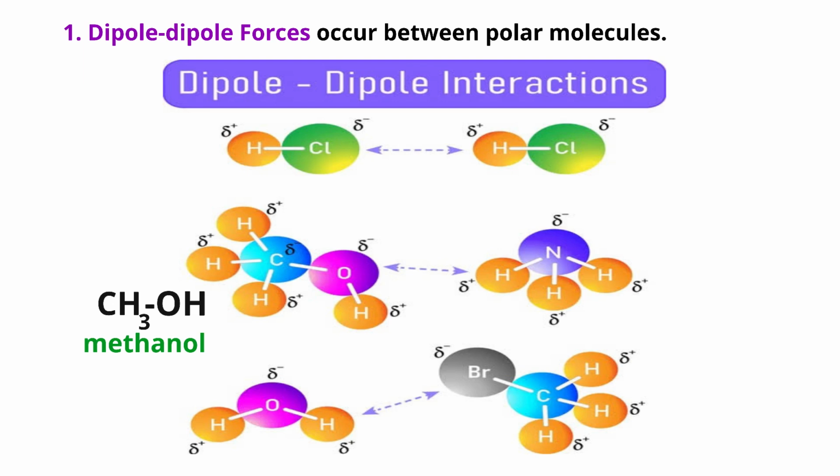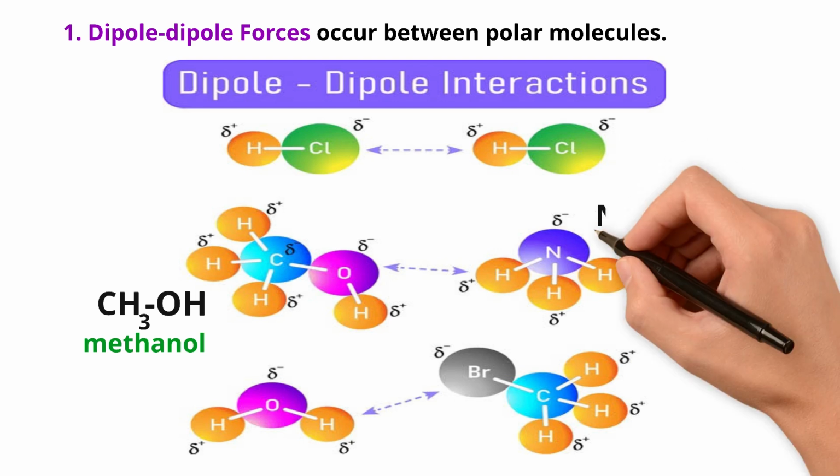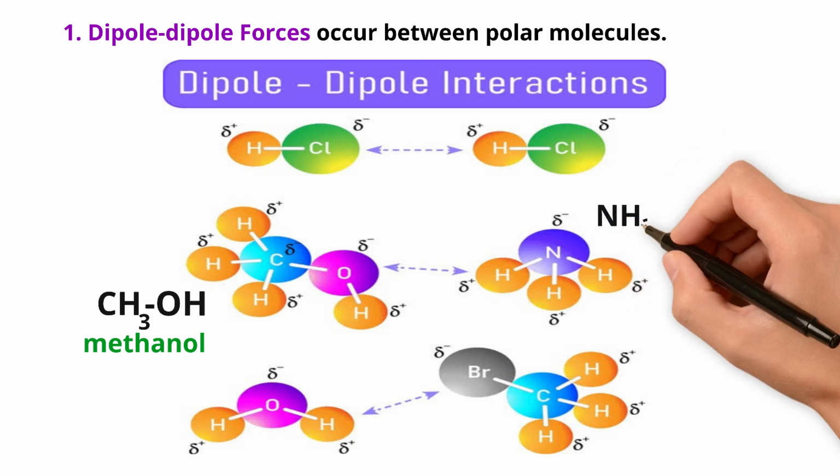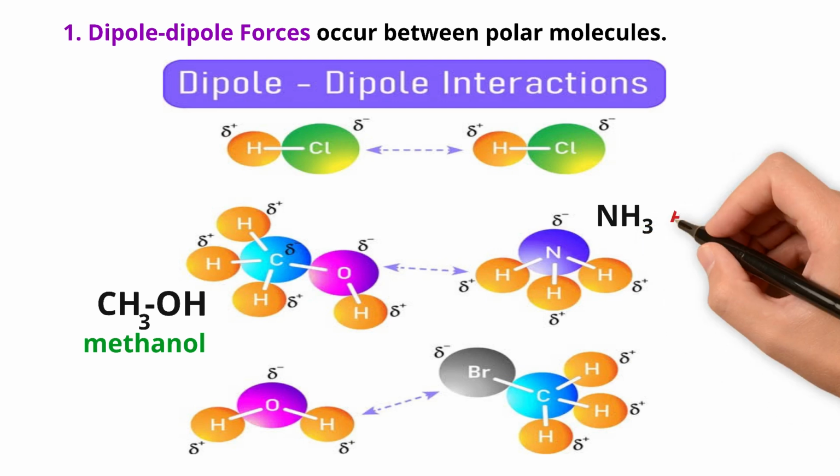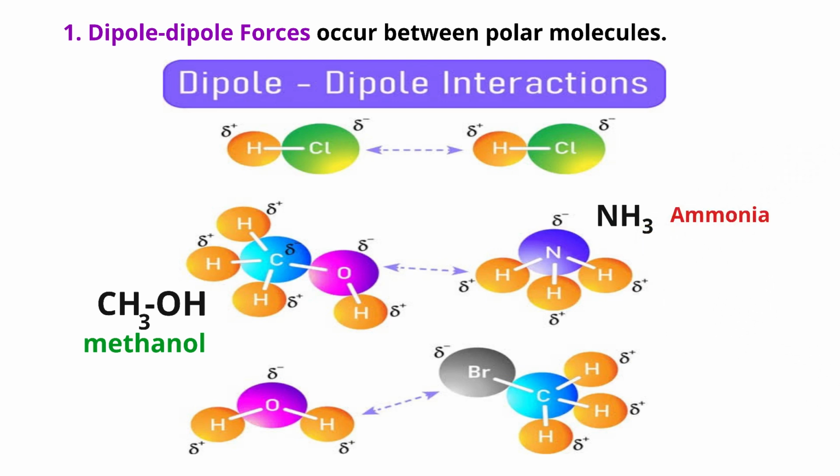In methanol, each hydrogen carries partially positive charge, but oxygen carries partially negative charge because oxygen is more electronegative than hydrogen. Because of this, it attracts the bonding electrons towards its nucleus and carries partially negative charge, whereas the rest of the atoms carry partially positive charge.